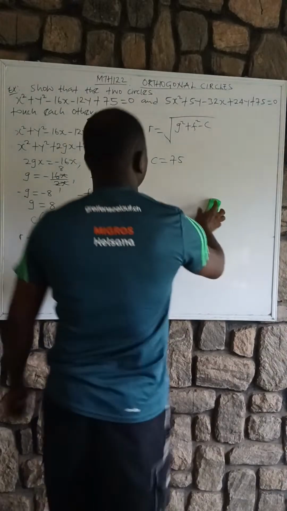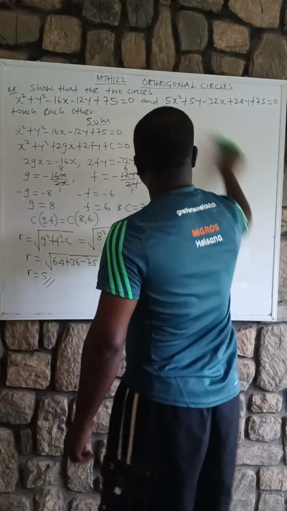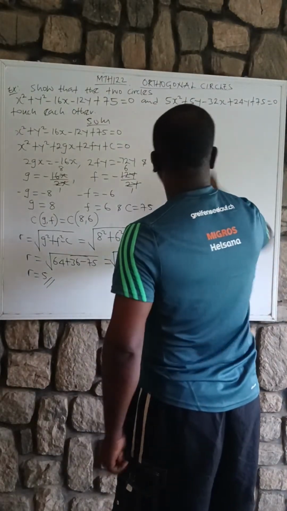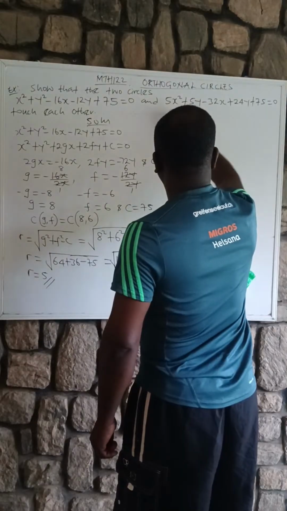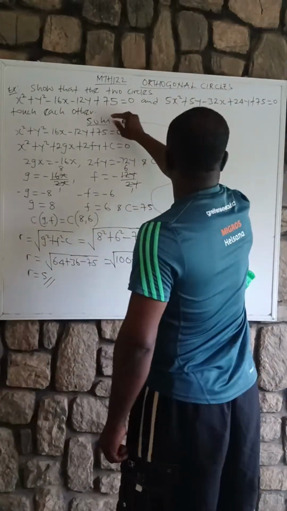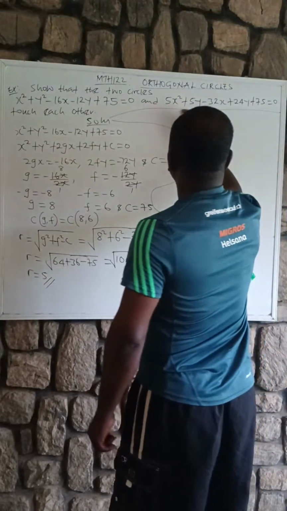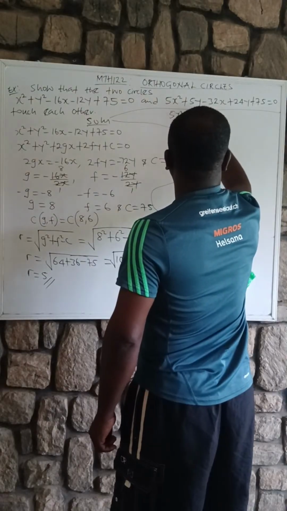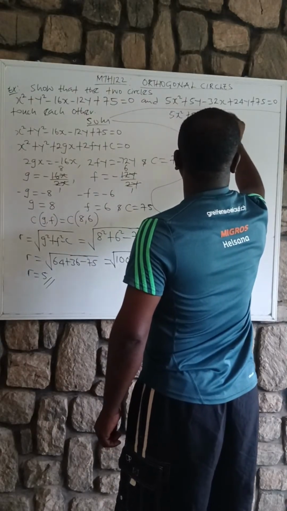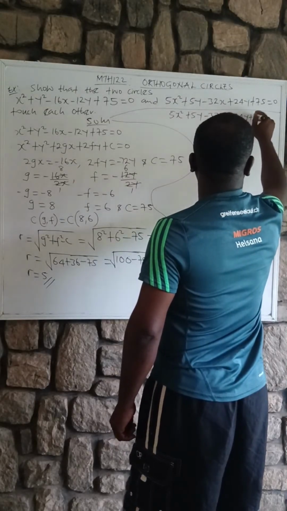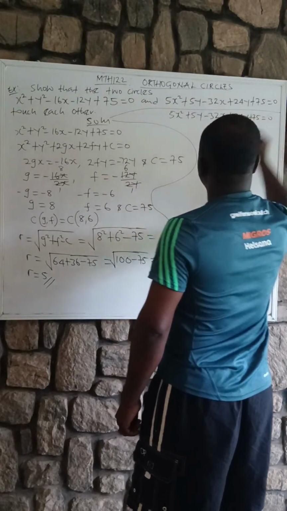Then that is that. So let's consider this other one. This other equation of a circle: 5x squared plus 5y squared minus 32x plus 24y plus 75 equals 0.